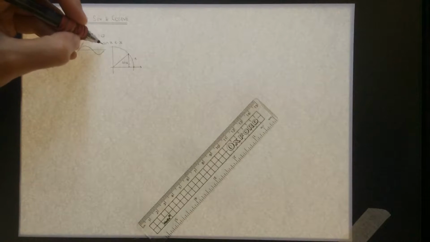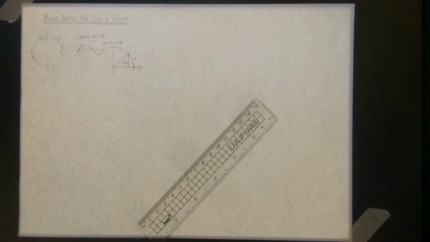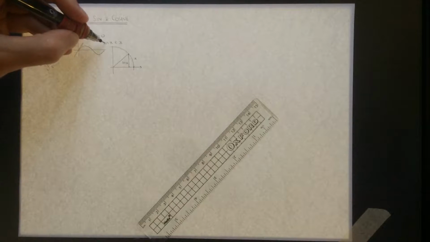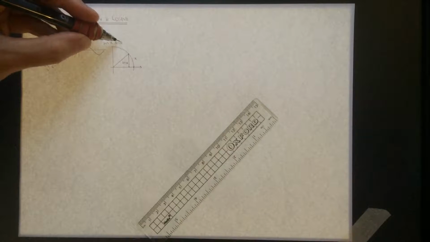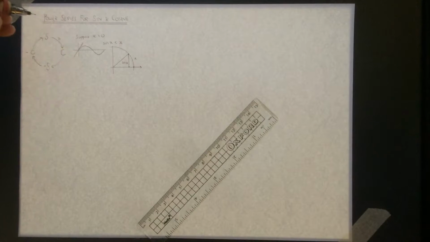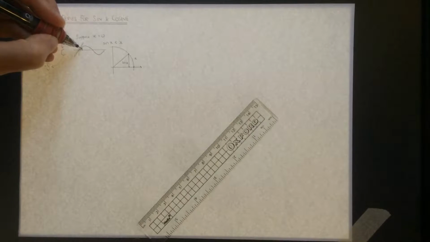Okay, so if we're given sine x is less than x, then the area underneath sine x is less than the area underneath x for a particular x value. Like if we set our x value here, then this shaded area is going to be less than this triangular area.